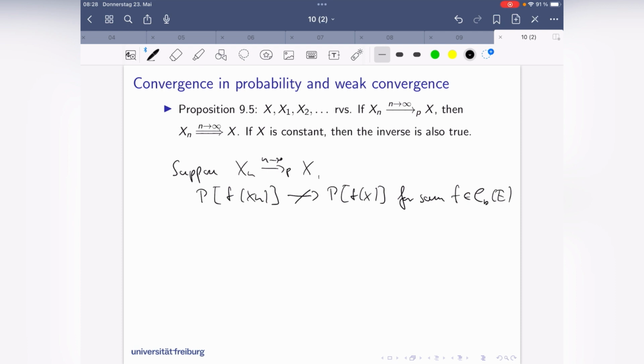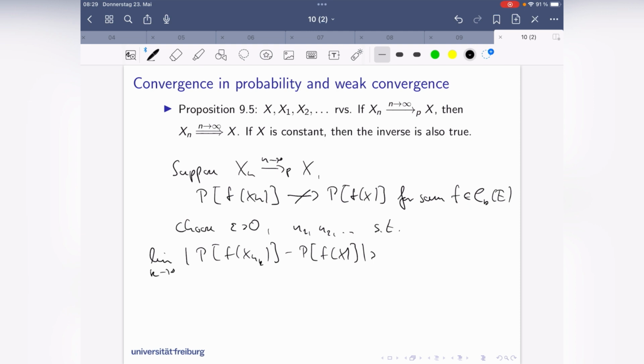I can choose an epsilon bigger than 0 and a sequence n1, n2, and so on, so a subsequence, such that |p f(x_nk) - p f(x)| converges, as k goes to infinity, to something bigger than epsilon.